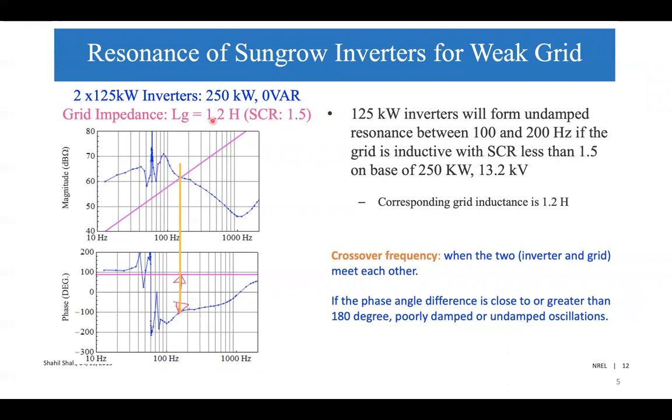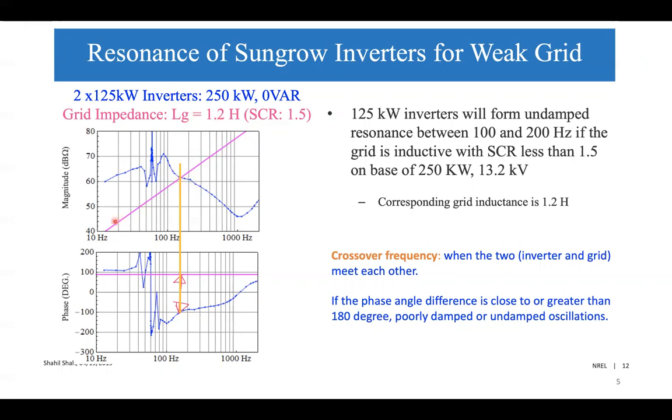Here the grid inductance LG is pretty large, which means the short circuit ratio is pretty small, at 1.5. This curve is the impedance of the PV.